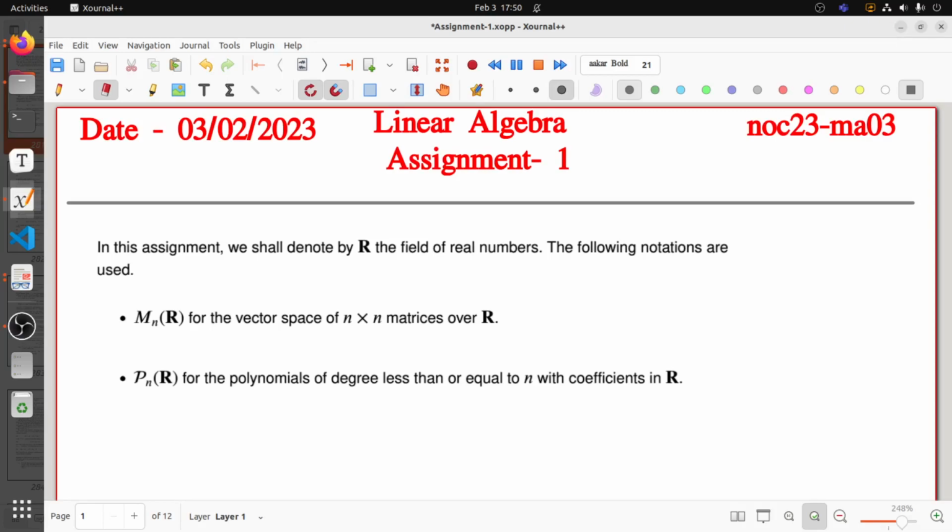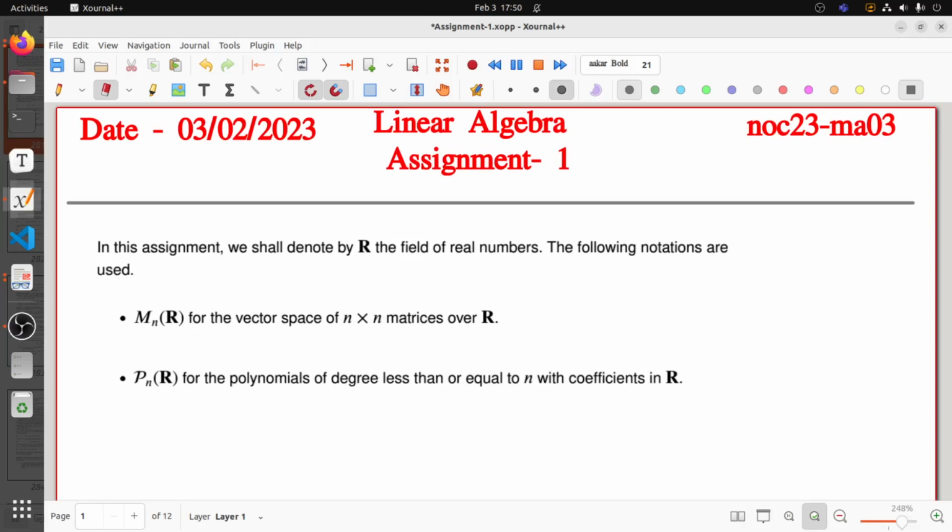Suppose this is a polynomial p1(x) = a0 + a1x + a2x^2 + ... + an x^n, and p2 is another polynomial, p2(x) = b0 + b1x + b2x^2 + ... + bn x^n.